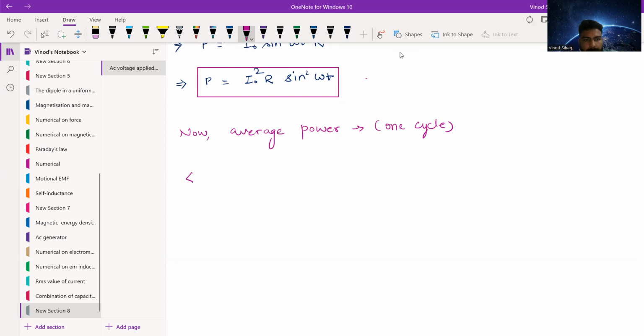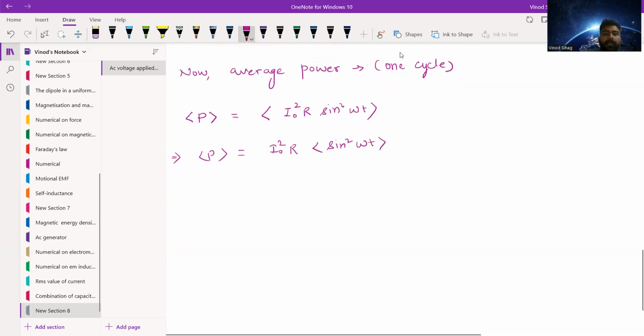So it will be the average of I naught square R sine square omega t. As we know, the average of a constant quantity is that same constant only, so it is I naught square R. The quantity changing with time is sine square omega t only, so we have to take the average of that quantity.